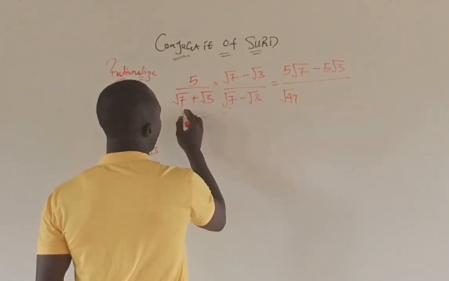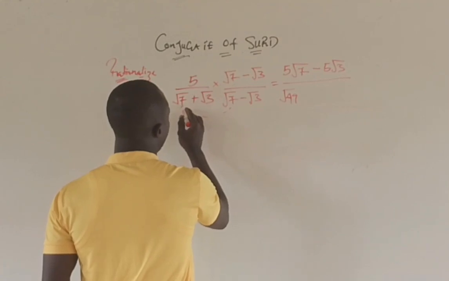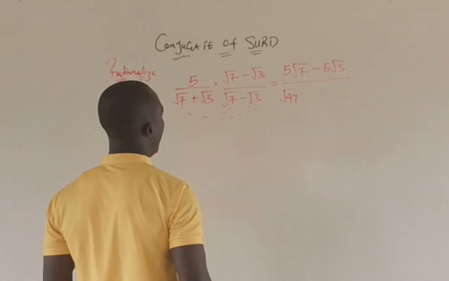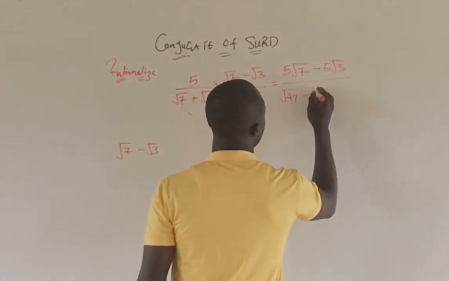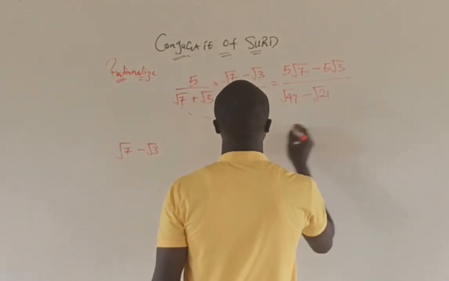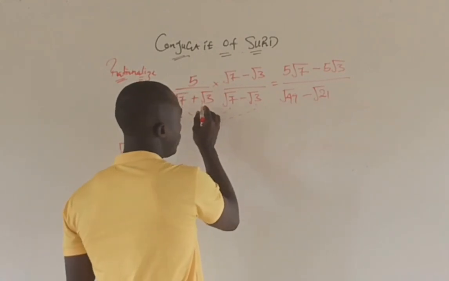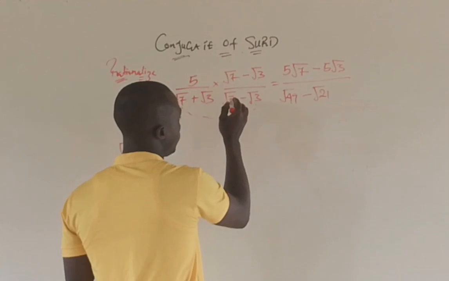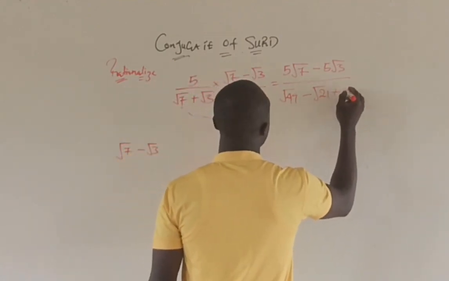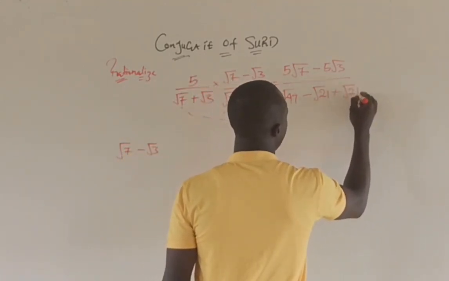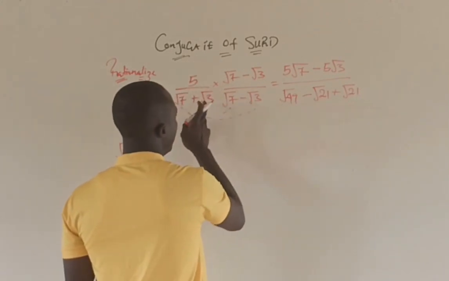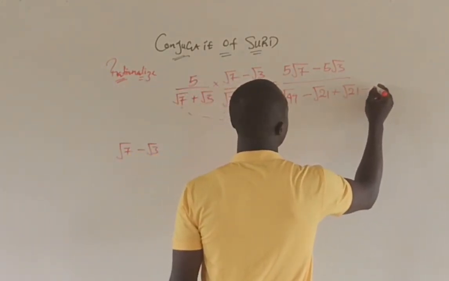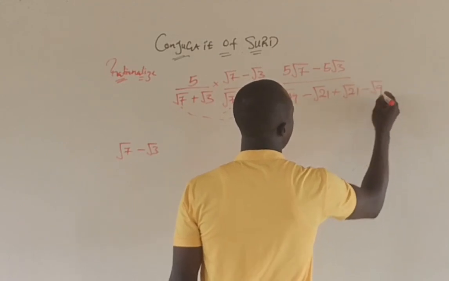Then root 7 times minus root 3, we have minus root 21. Then plus root 3 times root 7 will give us plus root 21. Then root 3 times root 3 will give us minus root 9.